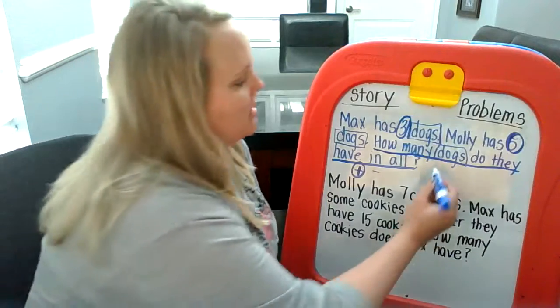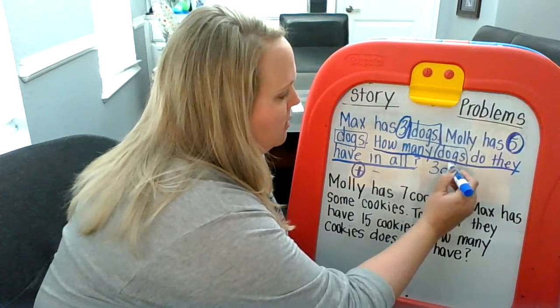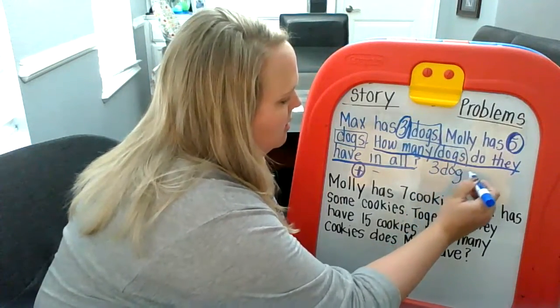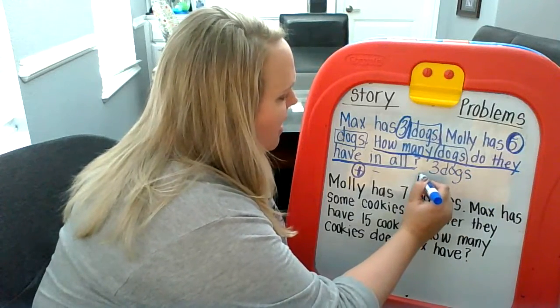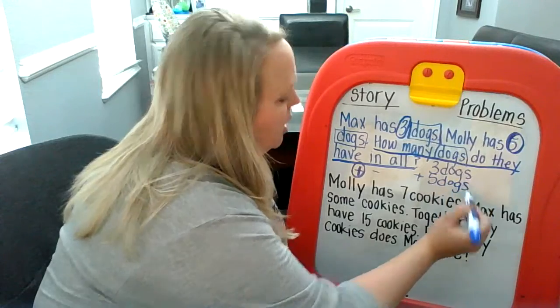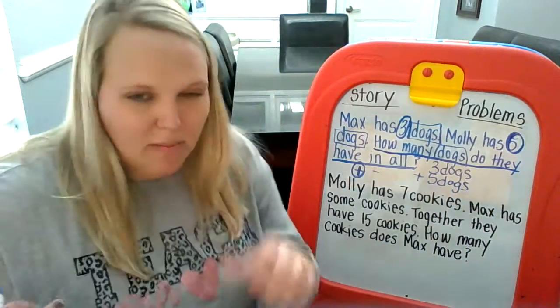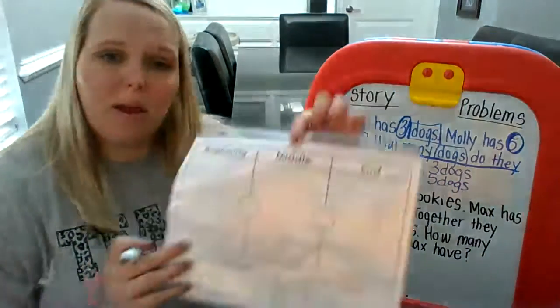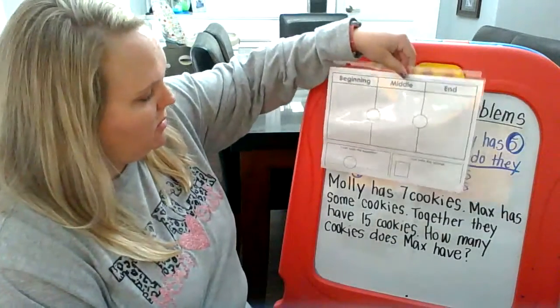So we're going to take 3 dogs and we're going to add 5 dogs. Now on these types of problems, you don't necessarily have to use your beginning, middle, end mat, but I'll show you how to use it, okay?